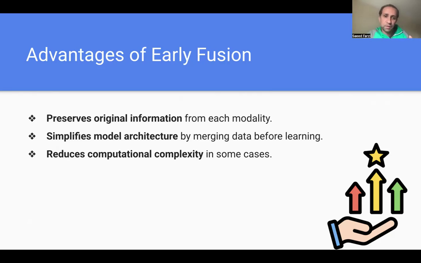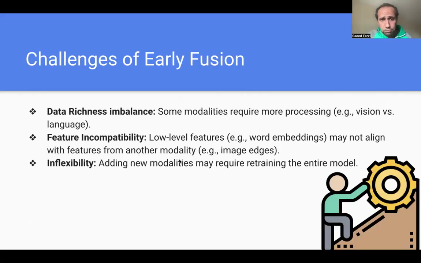Of course, we have a feature extractor model for each modality, but holding and keeping the necessary information in the real vector produced as output of the feature extractor. Simplify model architecture by merging the data before learning and reduce computational complexity in some cases.